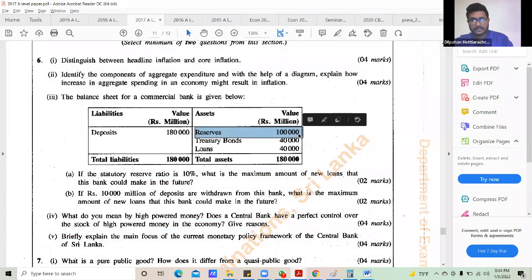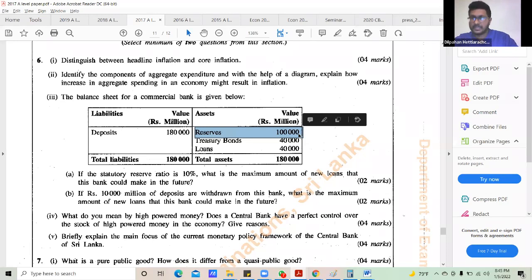Reserve means the money which is kept aside for one objective. What is that objective? To repay the customers when they withdraw their money from their accounts. For that purpose, banks definitely need to hold some money, and that is called reserves. Here they are holding 100,000.